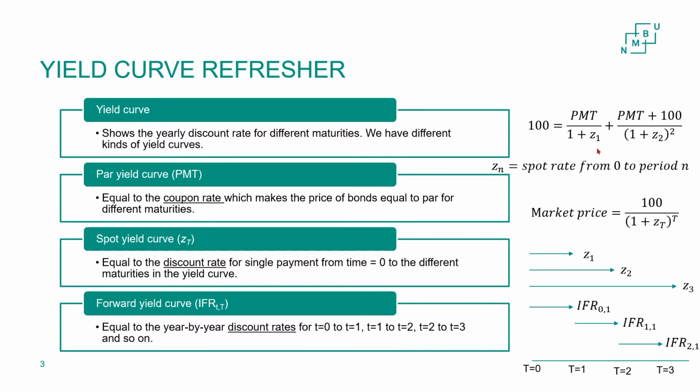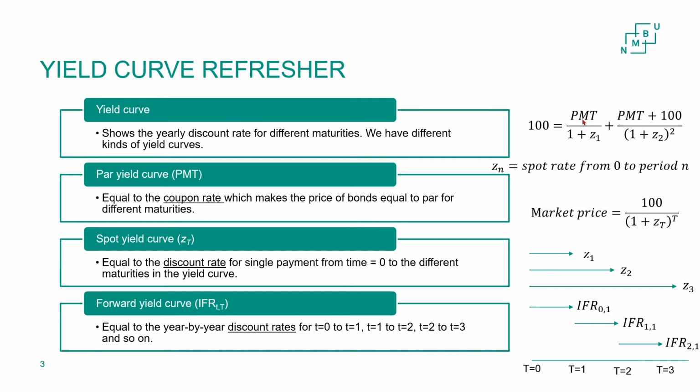And if you are given the spot rates from the spot yield curve, then the only unknown in this equation would be the coupon rate, the payment. Okay, so in this case, you would not get an analytical answer.